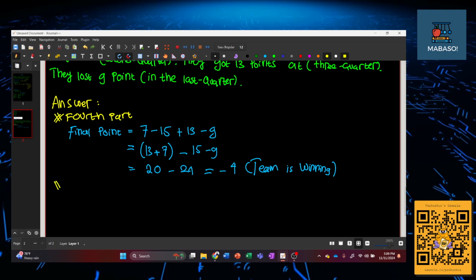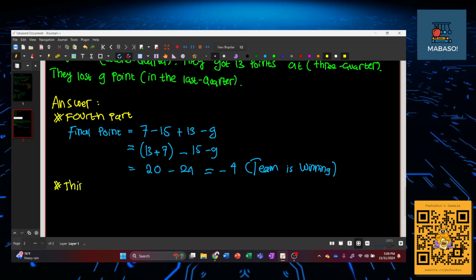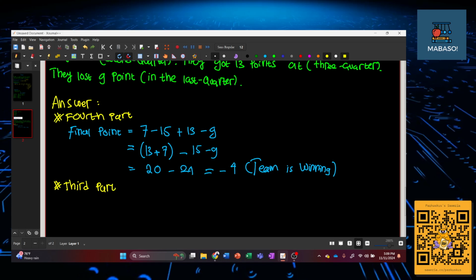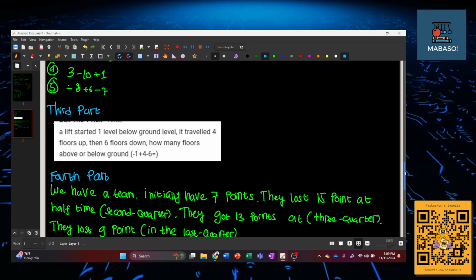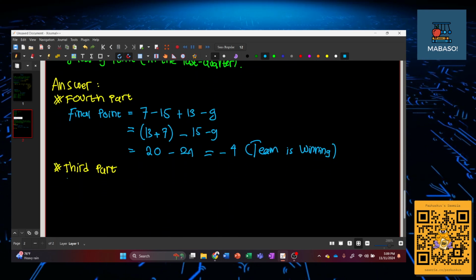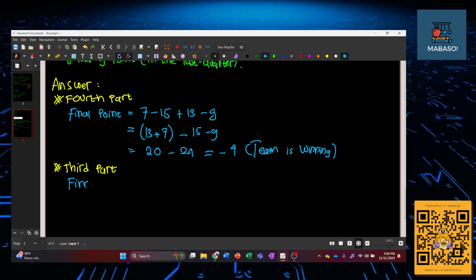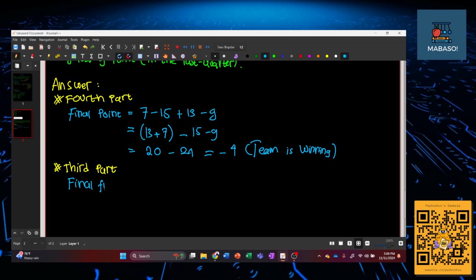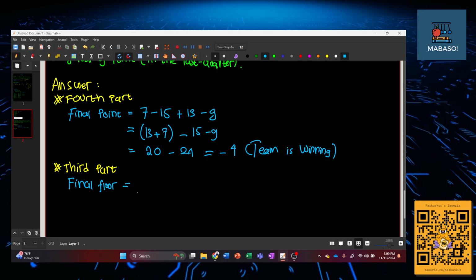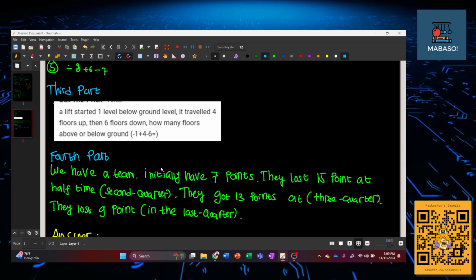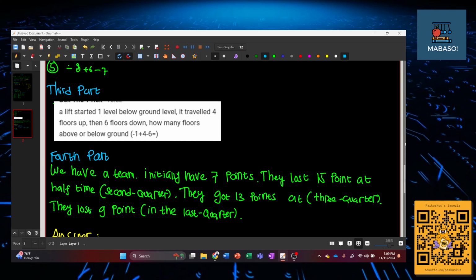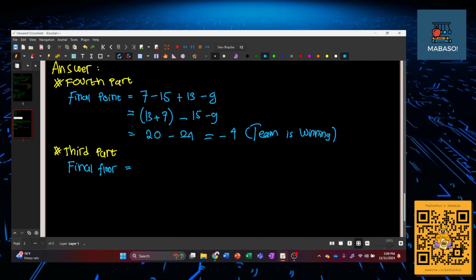We start from the third part. What is the final floor of the lift? We start from one below ground level, which is the same as saying -1.